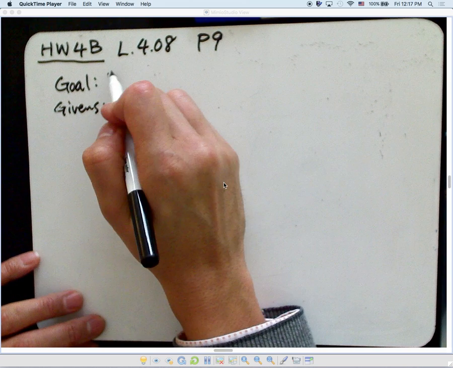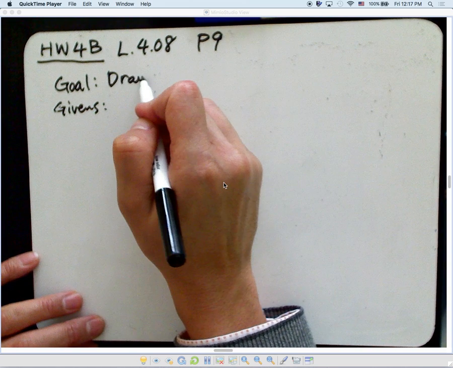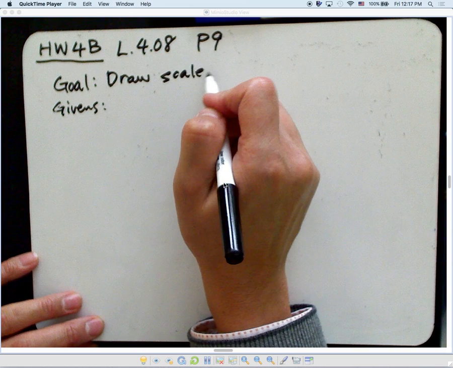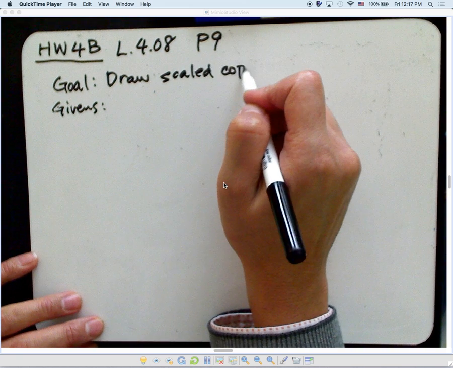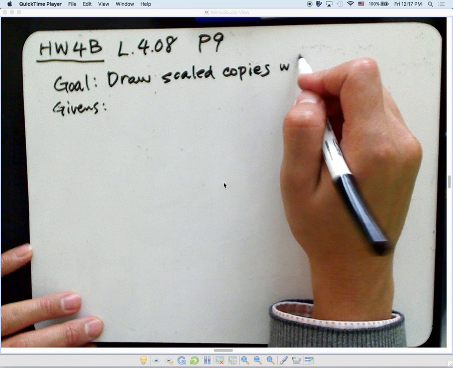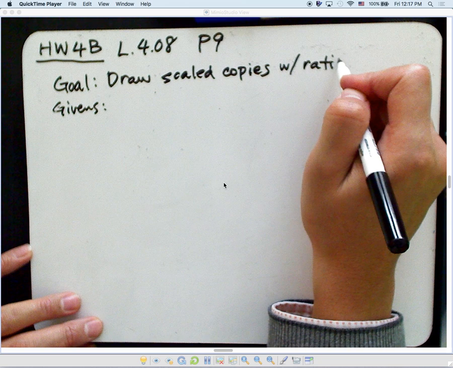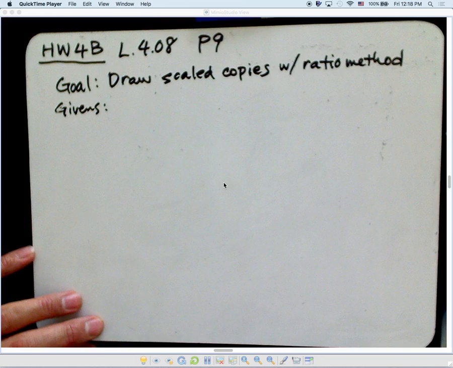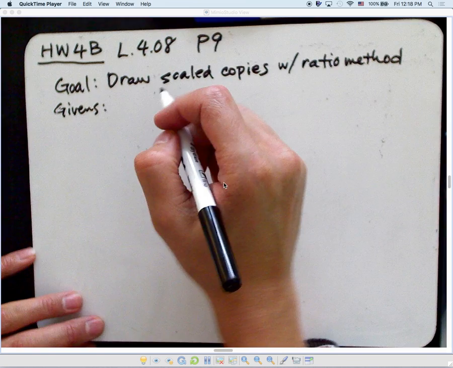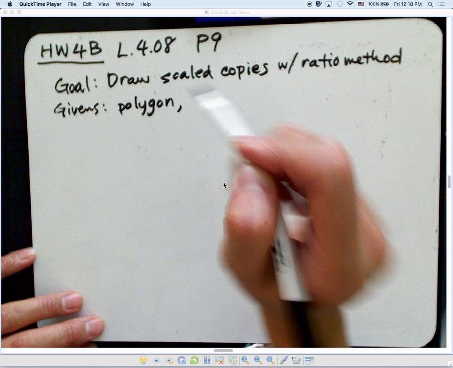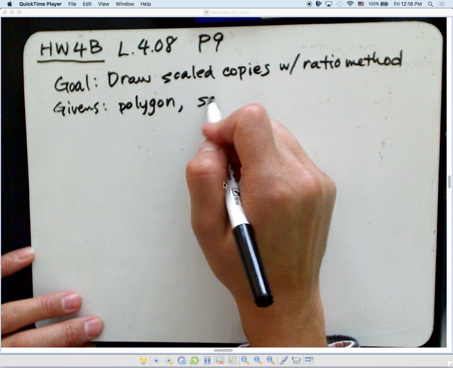So the goal is to draw scaled copies using the ratio method. Givens are, we are talking about a polygon, and it's scaled by 2.